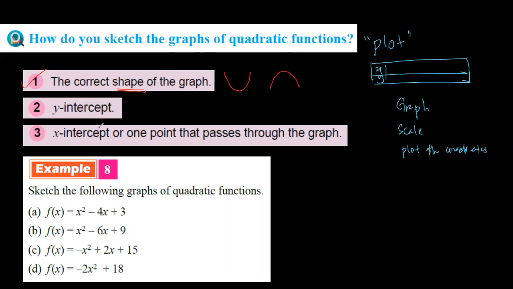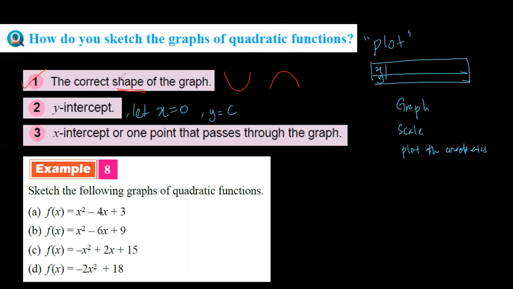The second thing is that you need to make sure the y-intercept is correct. How to find the y-intercept? You let the value of x equal to 0. You substitute x by 0 and then see what the corresponding y value is. The value is c, for example here.